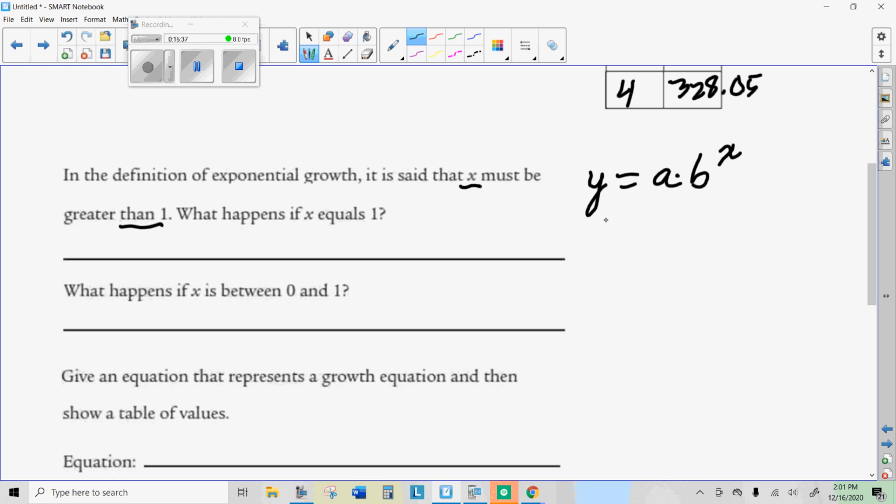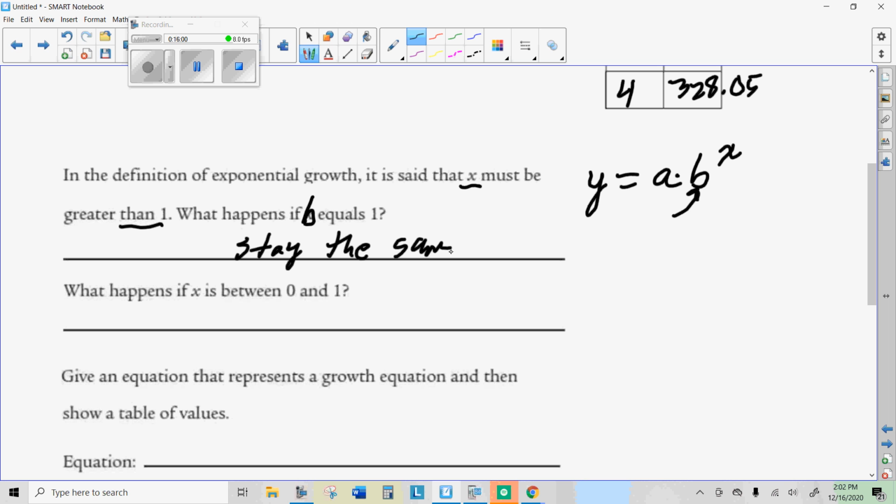Okay, so that's the equation we're talking about. Now it says what happens if x is equal to 1. What they're talking about here is actually the thing you're multiplying by right here. So if it equals 1, your values will just stay the same because multiplying by 1 doesn't change the number.